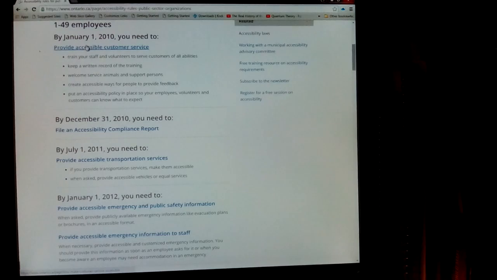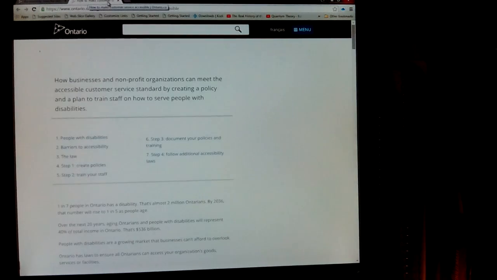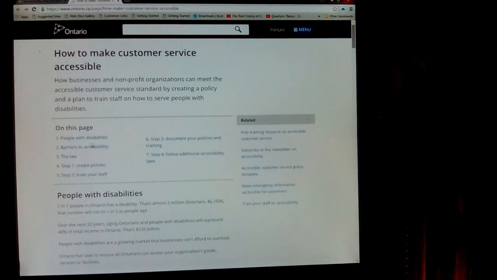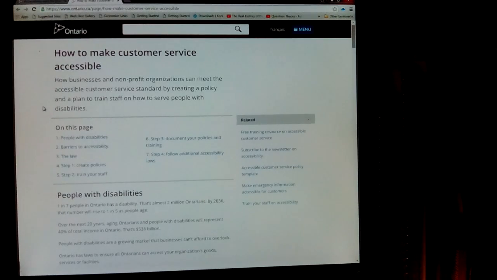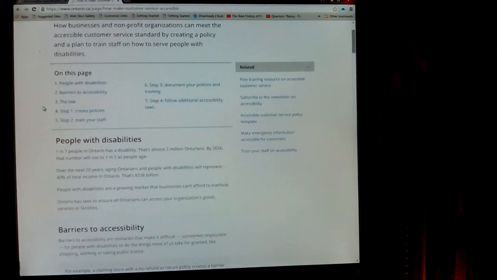Okay, what happens when you click on that link? So, provide accessible customer service. Was that the E-Law? How to make customer service accessible. So they have everything here. On this page: people with disabilities, barriers to accessibility, the law.